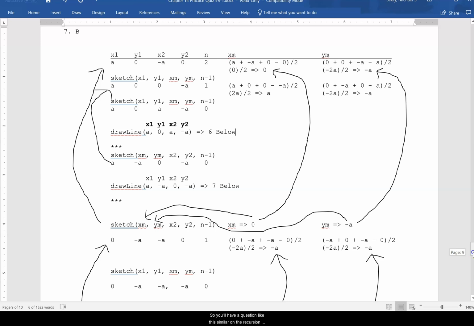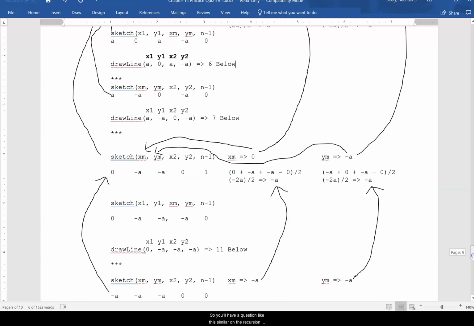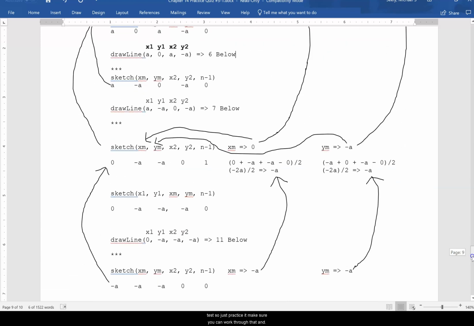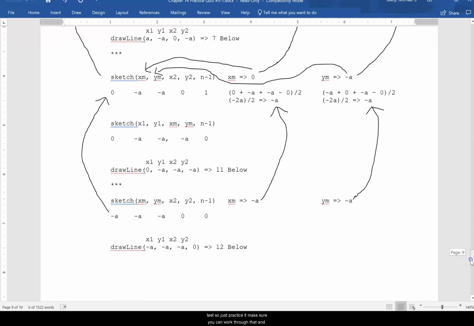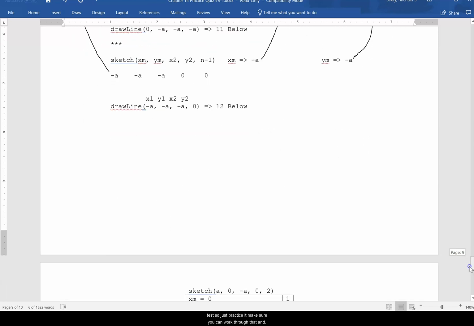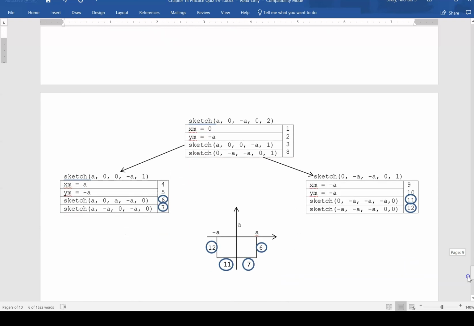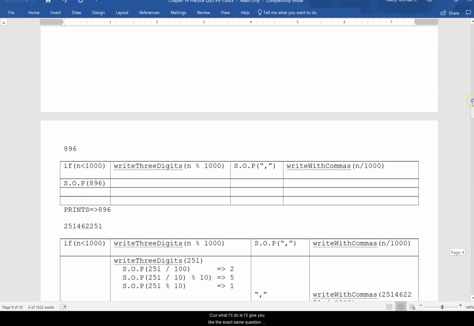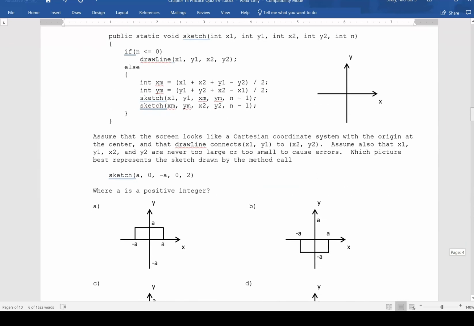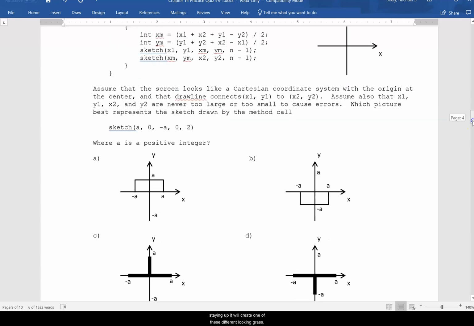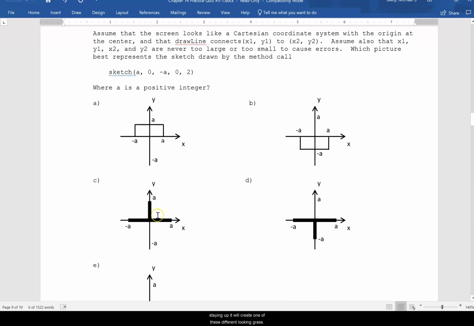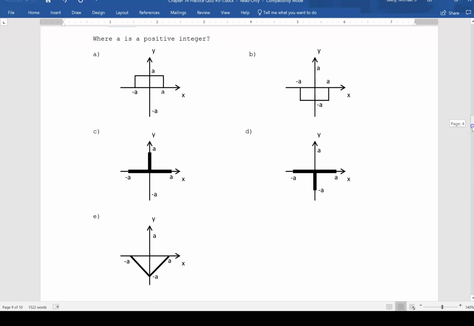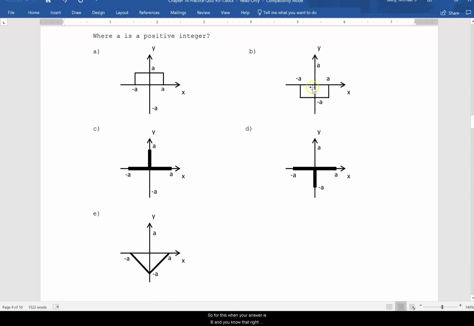You'll have a similar question on the recursion test, so just practice it and make sure you can work through it. I'll give you the exact same question and change up one thing here, and that one change will create one of these different looking graphs. For this one, your answer is B.